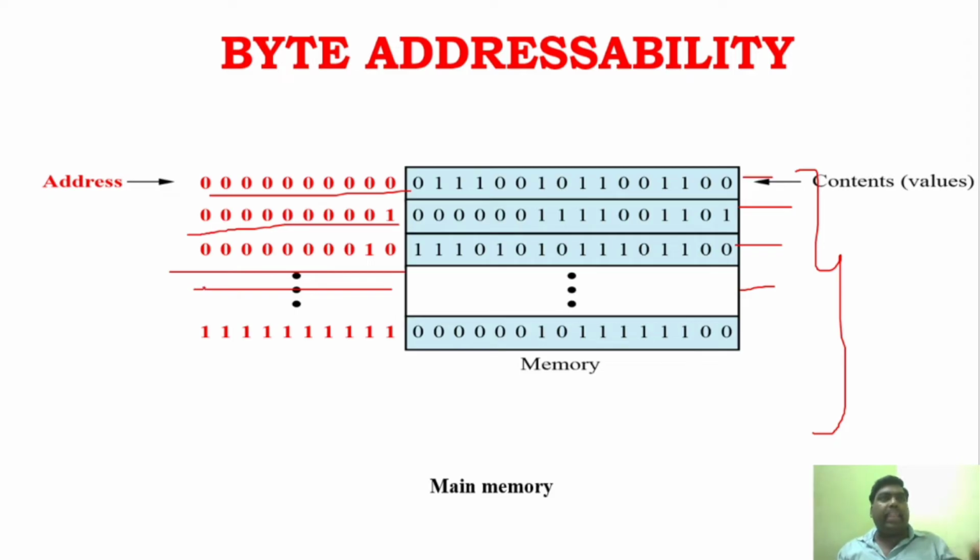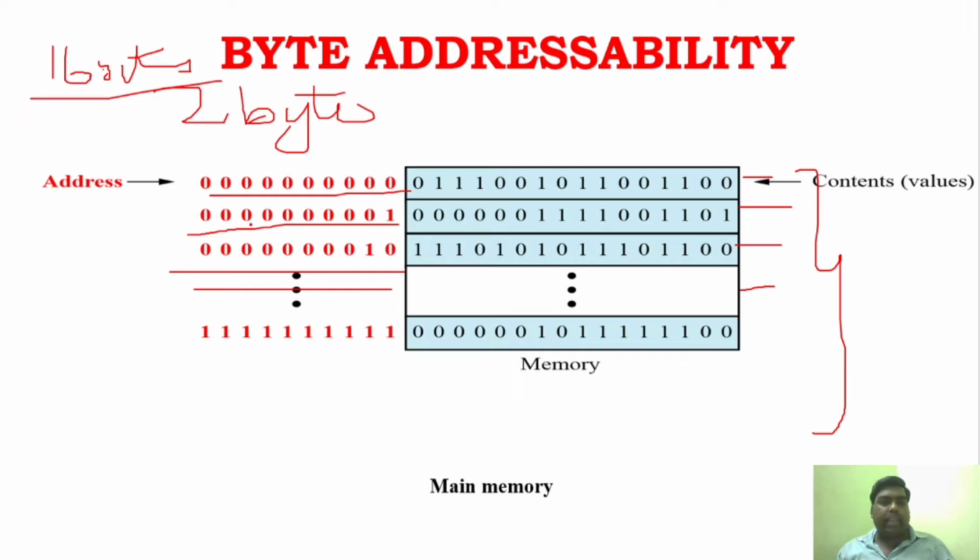What is byte addressable? As I said, if it is 16 bits, then we can call it 2 bytes. You can call it a 2 byte address. Similarly, if it is 32 bits, we can call it a 4 byte address.